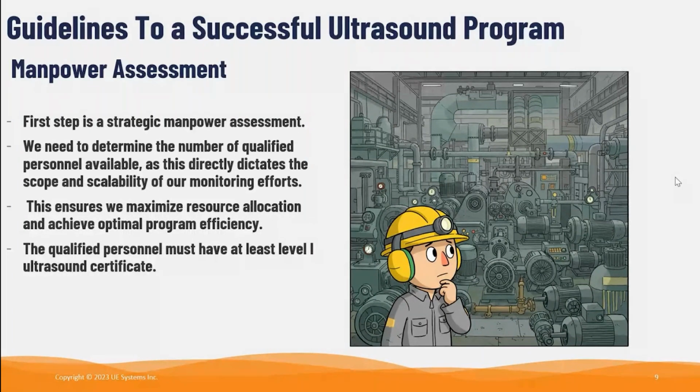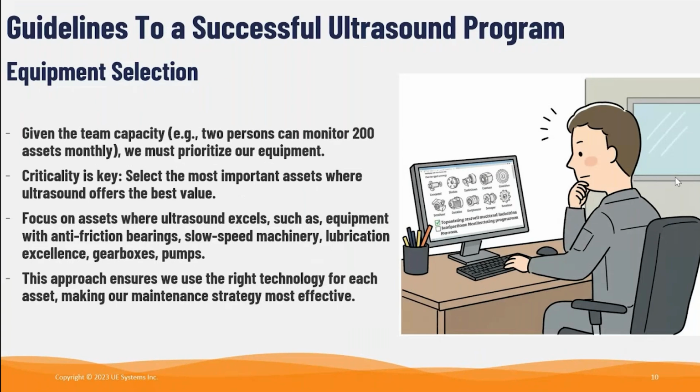Now that we know how many trained team members we have, we can move on to equipment selection. This information helps us to determine how much equipment to include in our ultrasound program. Criticality will be the key factor in our choices. We will select highest critical equipment and where ultrasound offers the best value.